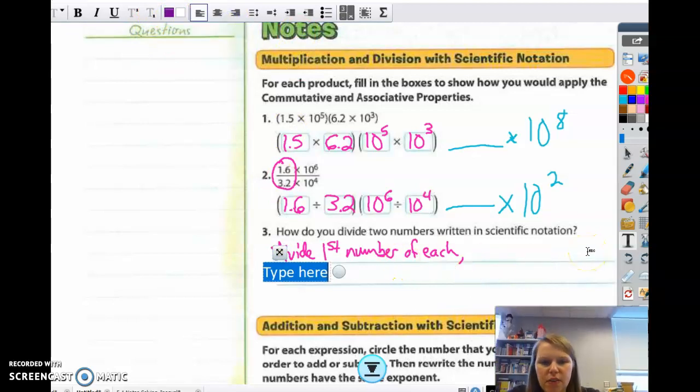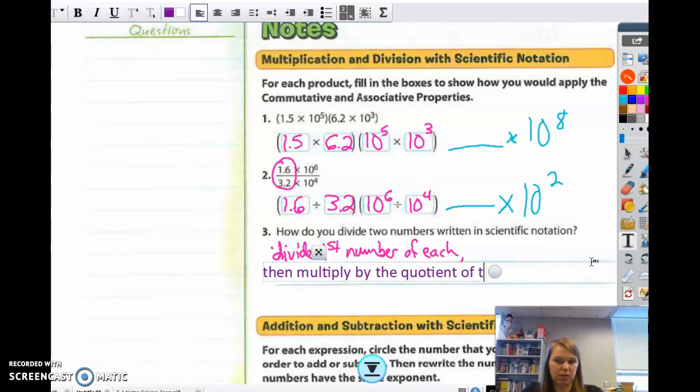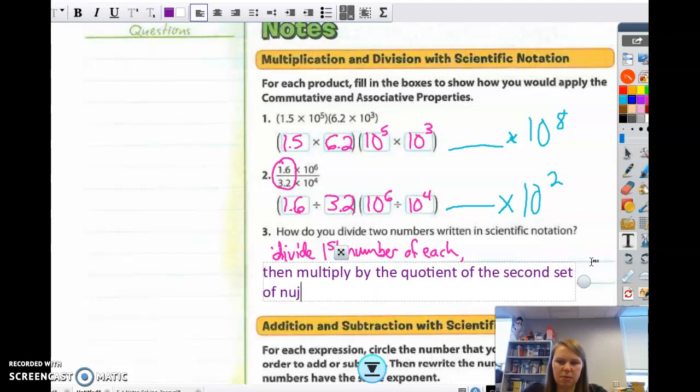So it says divide the first number of each, then multiply by the quotient of the second set of numbers.